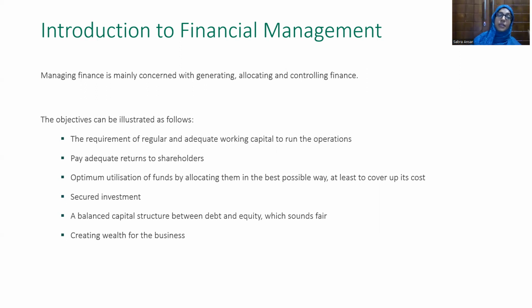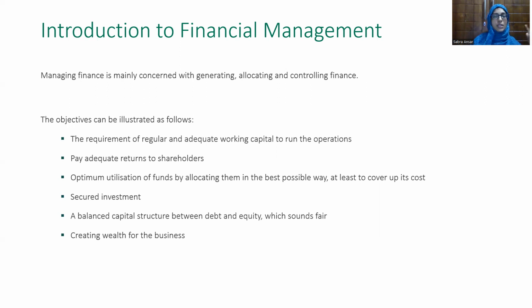And also optimum utilization of funds by allocating them in the best possible way in order to cover its costs. Utilizing the funds properly is one of the main important things to do. We were talking about resource utilization as well.